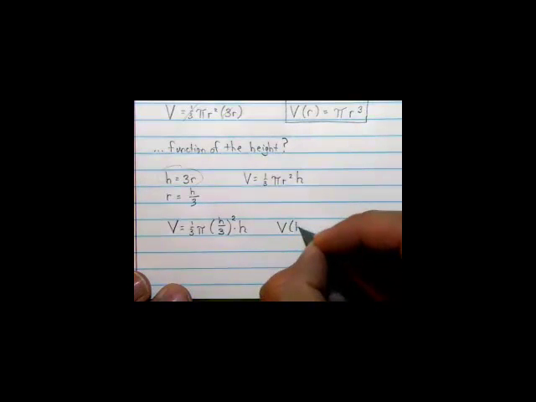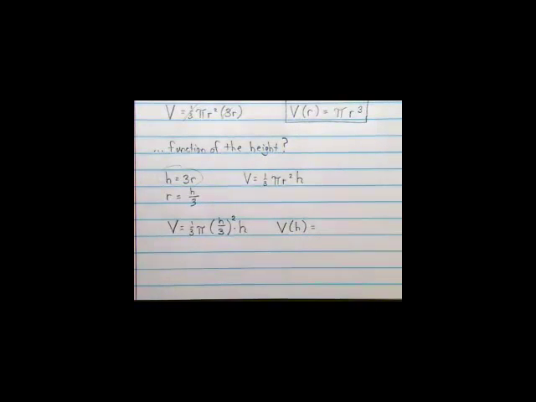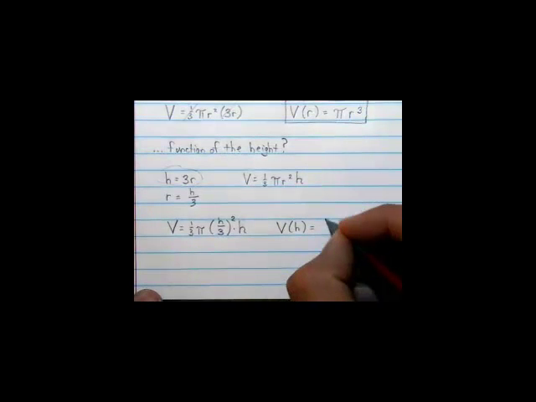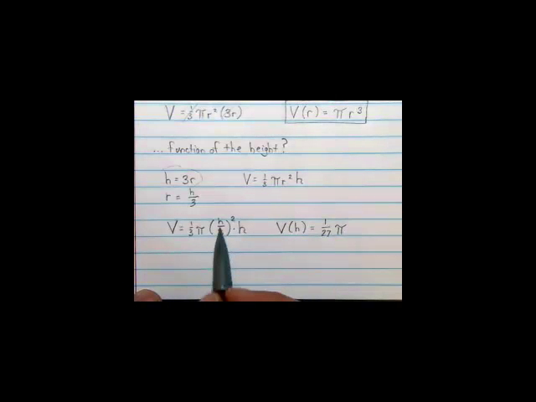And again, it's just a matter of simplifying this thing the rest of the way. So V of h, well, let's see. I'm going to have 1/3. When I square this h over 3, what's that going to become? h squared over 9. So what's this fraction going to be in front then? I got a 1/3 here, and I'm going to have essentially a 1/9 here. 1/27. Yep. The pi is still there, and then I'm going to have an h squared times an h, right?